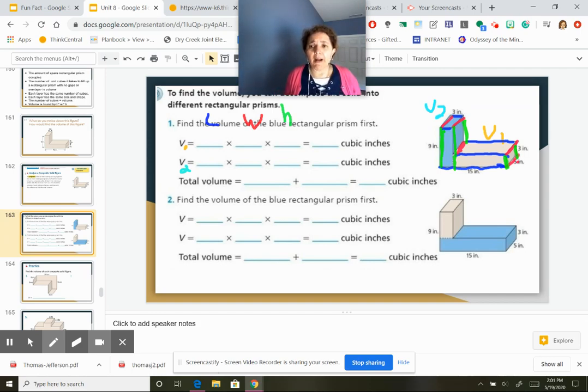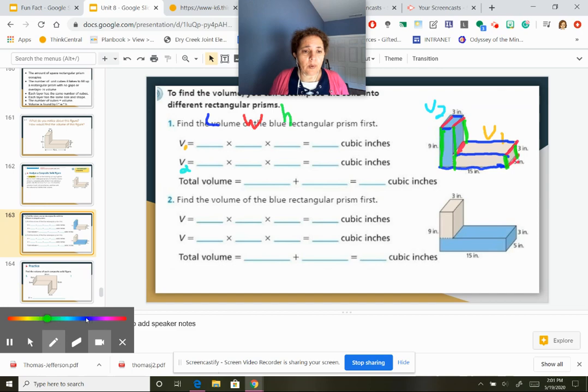Now my volume 1 is this shape right here. I'm going to get my blue marker. So this is 15 right here. This whole line going all the way across is 15. But for this volume 1, my line ends right here. See where it ends?